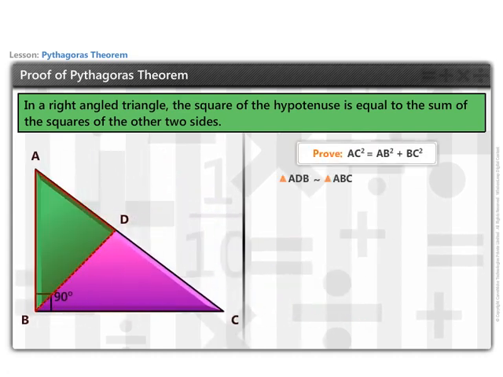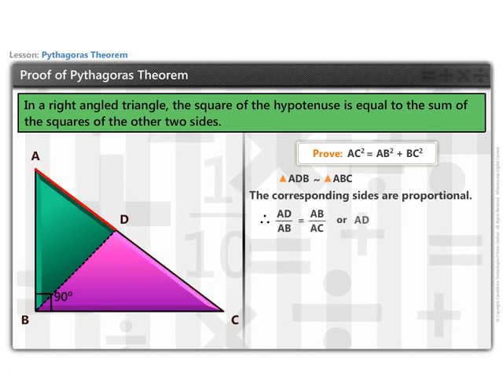Since triangle ADB is similar to triangle ABC, the corresponding sides are proportional. Therefore, AD by AB is equal to AB by AC, or AD into AC is equal to AB into AB. This implies AB square is equal to AD into AC. Consider this as equation 1.